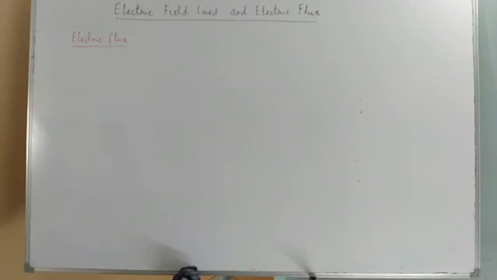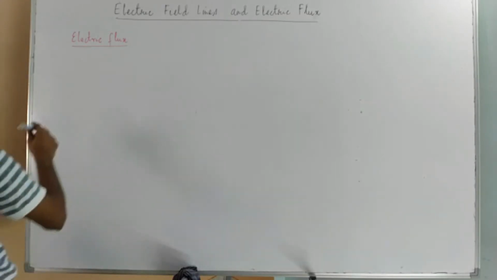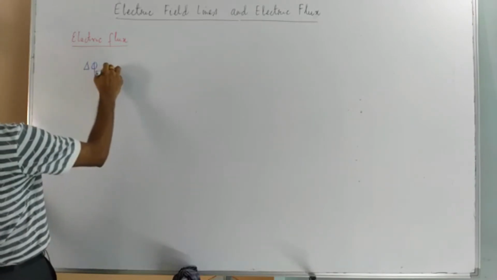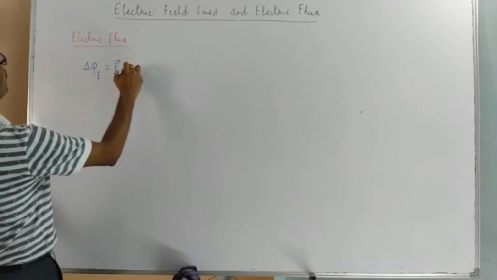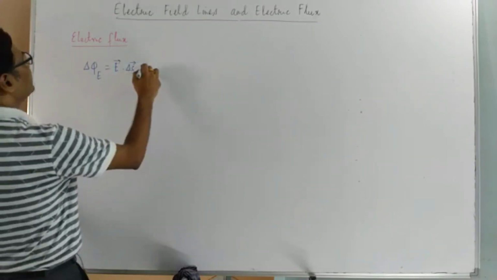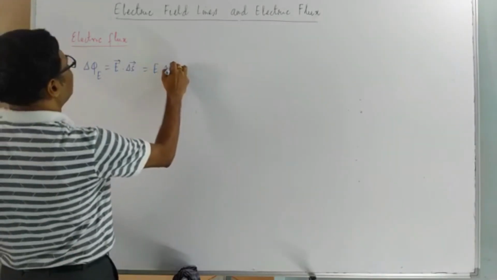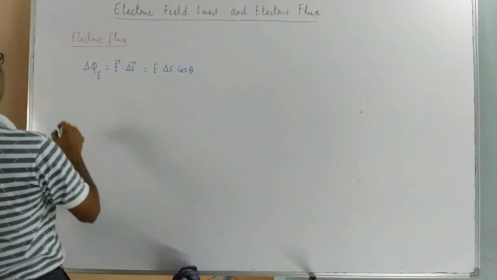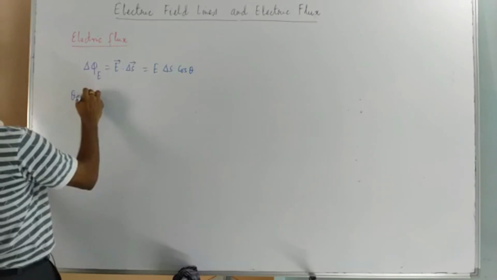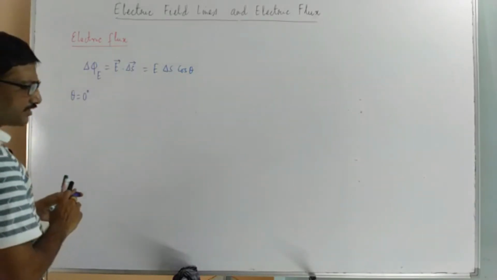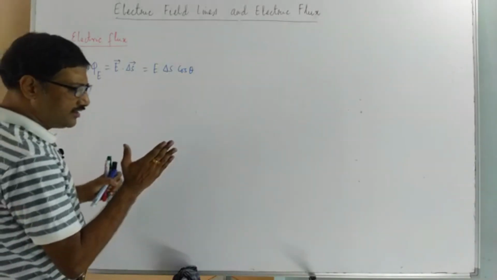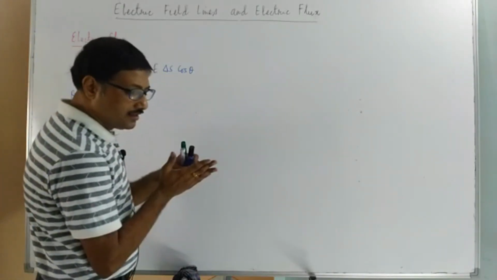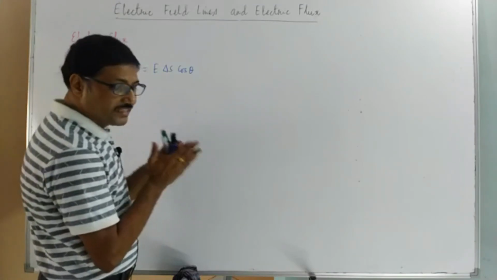We now consider some special cases. We already considered delta phi E is equal to E dot delta S, that is E into delta S into cos theta. When theta is equal to 0 degree, the direction of the area vector and the direction of the electric field are parallel to each other.